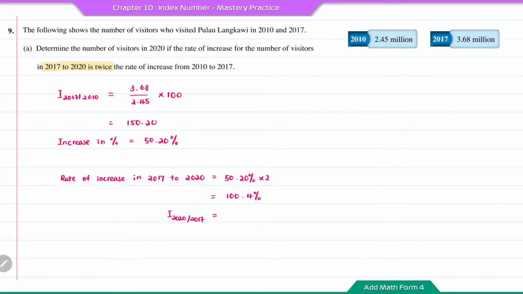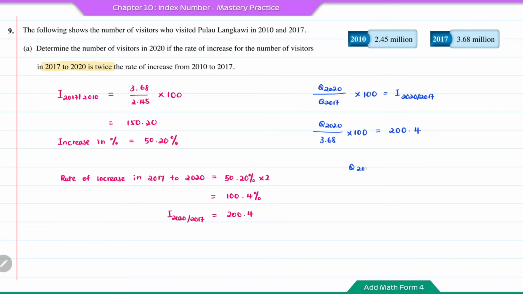So when you change the rate of increase in percentage to the index number, it will be 100 plus 100.4, which is 200.4. Now to find the number of visitors in the year 2020, we are going to refer to this formula. So Q, the quantity in the year 2020, divided by the number of visitors in the year 2017, which is 3.68, times 100, will equal 200.4.